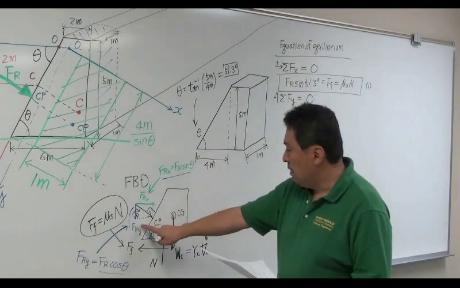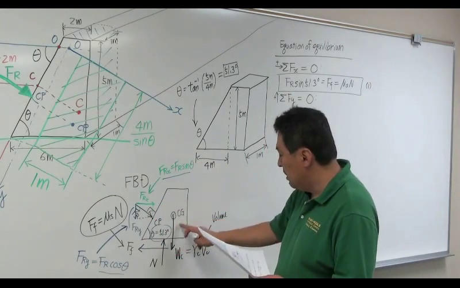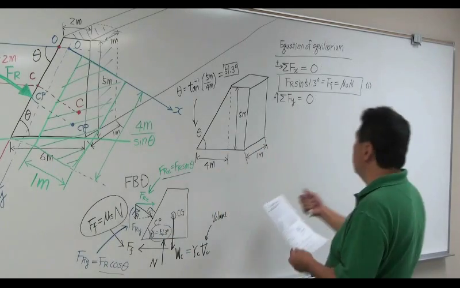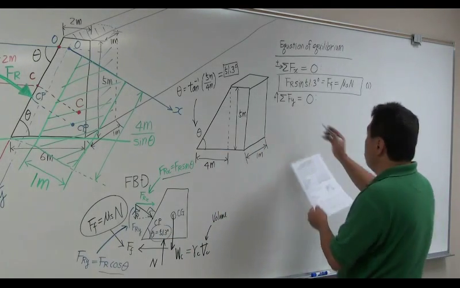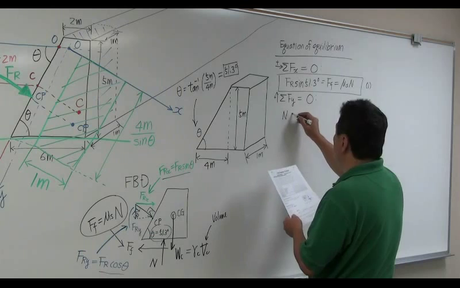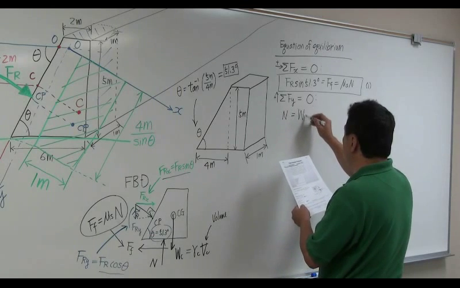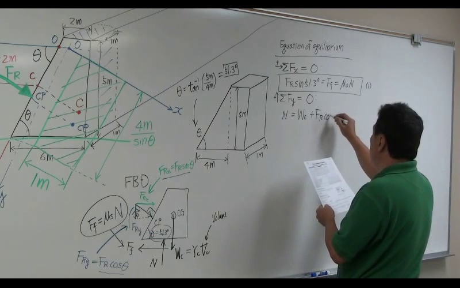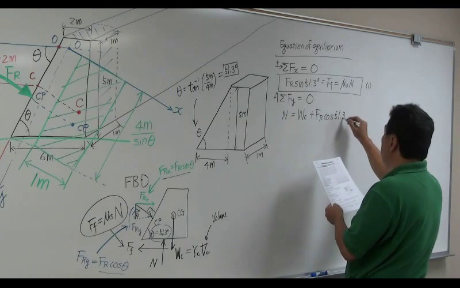So you have Fr y in the negative y direction. This is Wc in the negative y direction, N in the positive y direction. So this equation tells you N is equal to Wc plus Fy cosine 51.3 degrees.